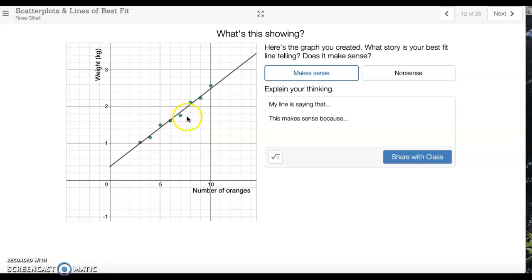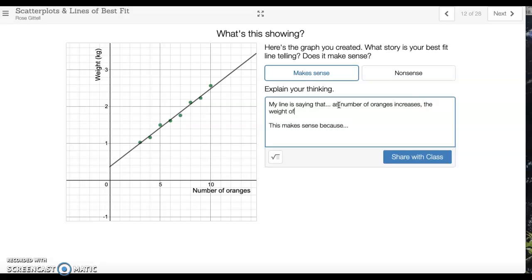As oranges increase, the weight of the box will also increase. Okay, so the more oranges there are, the heavier the box will be.